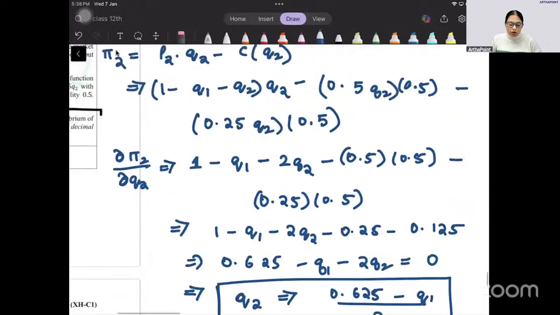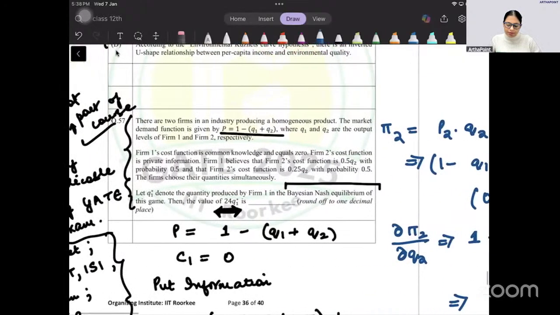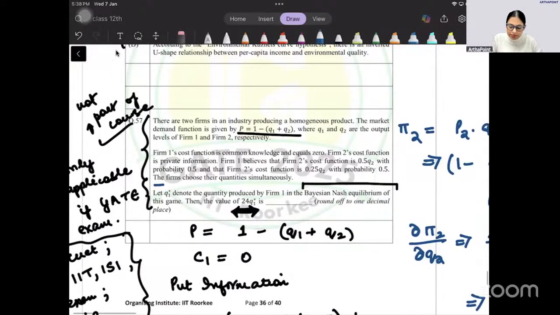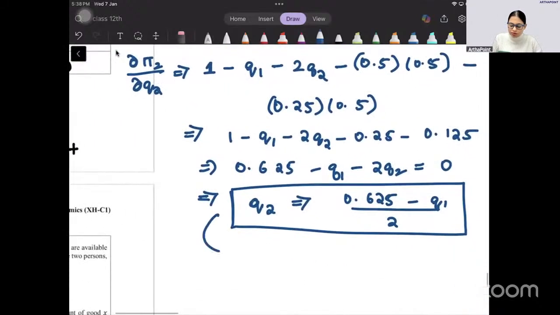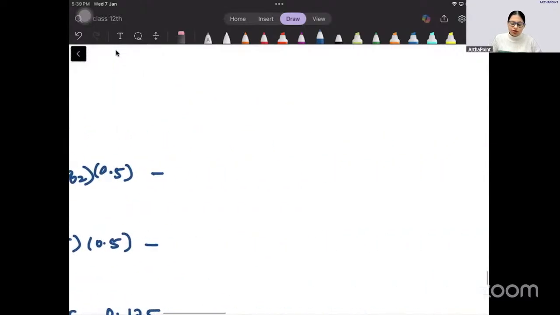Now, in this game, it is clearly mentioned firms choose their quantity simultaneously. So this is the reaction function of firm 2. Now let's find the reaction function of firm 1. Profit is price times quantity minus cost, and cost is 0.